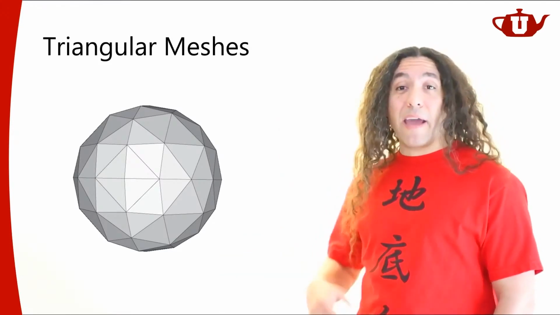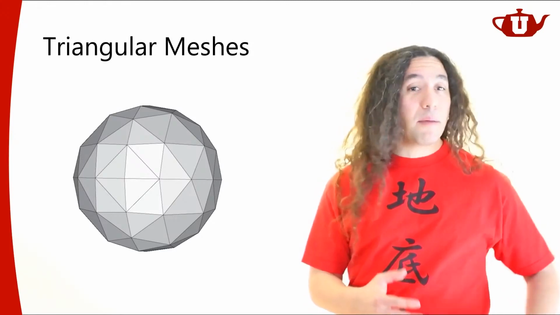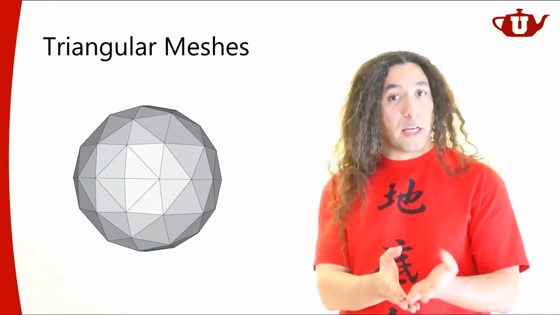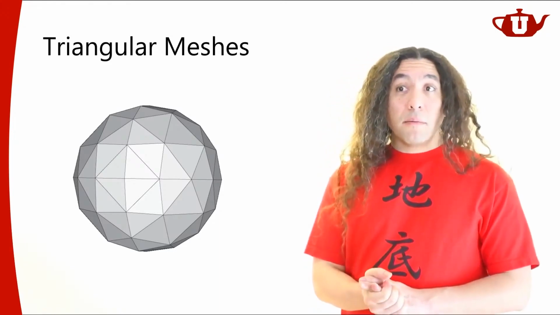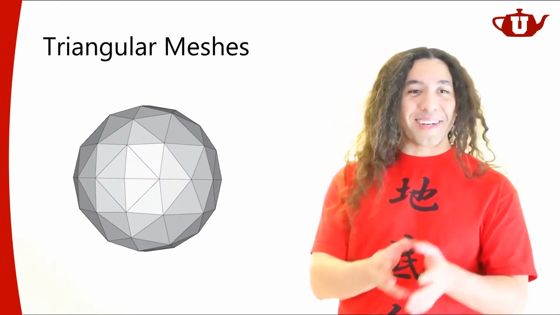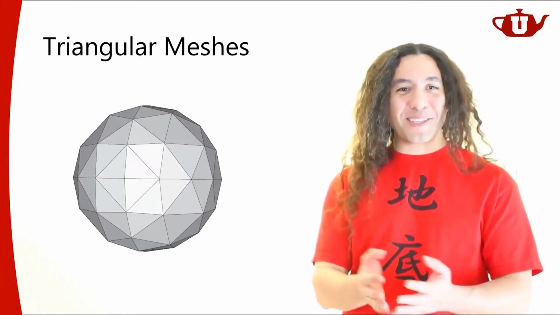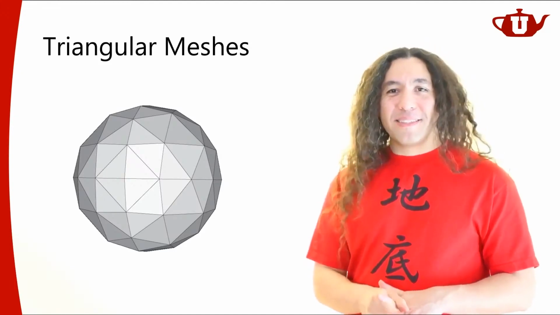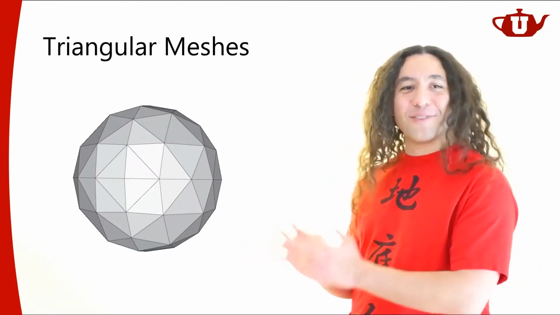And I gave hair as an example of an object that is not necessarily converted to a triangular mesh for rendering. But there are methods that actually convert splines to triangular meshes while rendering. So even splines can be rendered as triangular meshes because GPUs are designed to render triangles.